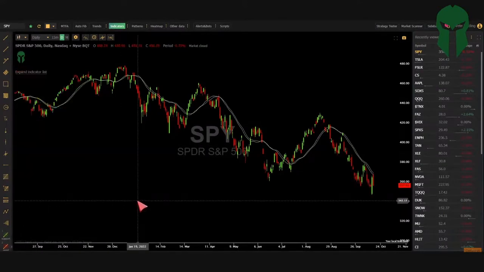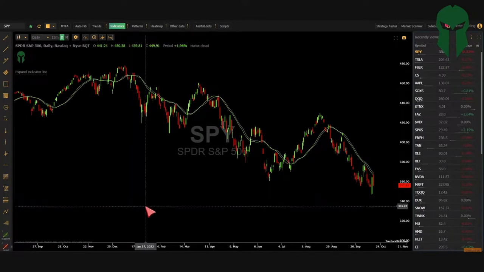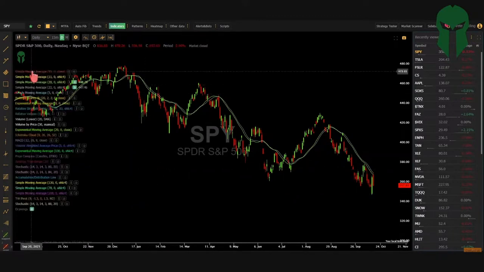There's my 20 and there is my 22. Why am I using a 22? When I went back and calculated the amount of false positives, I got fewer false positive breakouts with a 22 than a 20. That's why I did it.